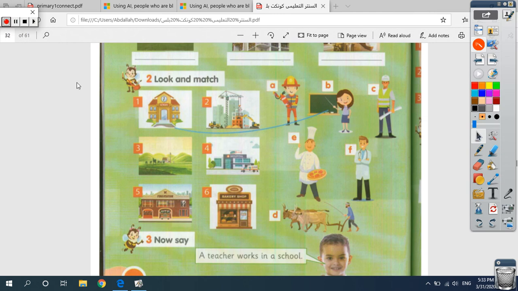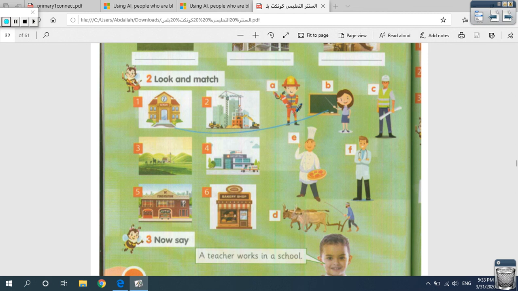Here in exercise number 2, look and match. We are going to match the people with the places that they are working at. Let's check. What do we have? Number 1 is the teacher. The teacher works at school. Number 2, building site. Who works in a building site? The engineer.